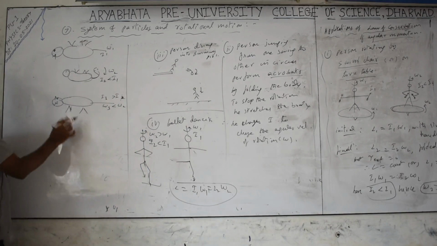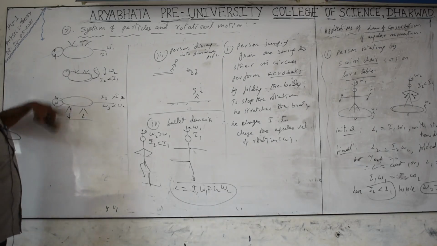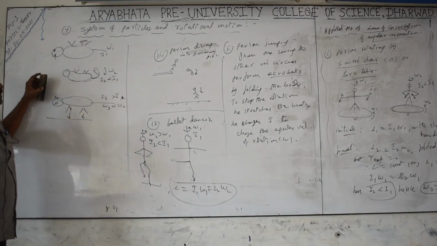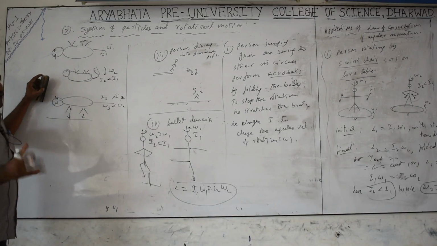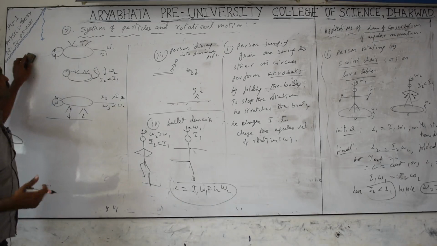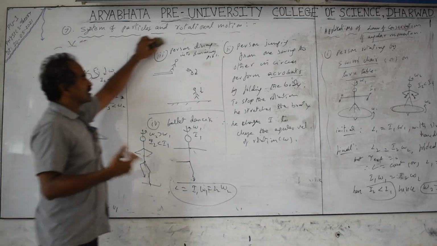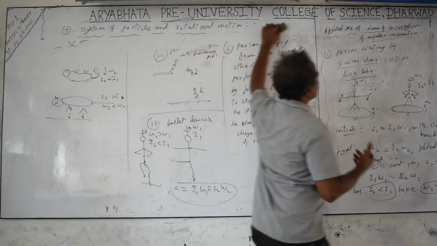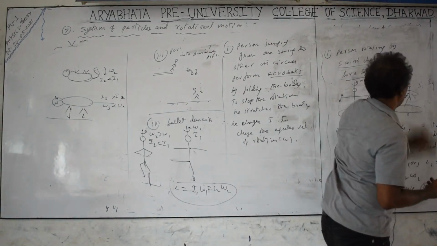So the moment of inertia increases, omega decreases, and it can land on its feet on the ground. So these animals take the help of their tail to increase or decrease the moment of inertia, thereby controlling their angular velocity of rotation while taking a leap or jump from one height to another. These are some applications of the law of conservation of angular momentum.